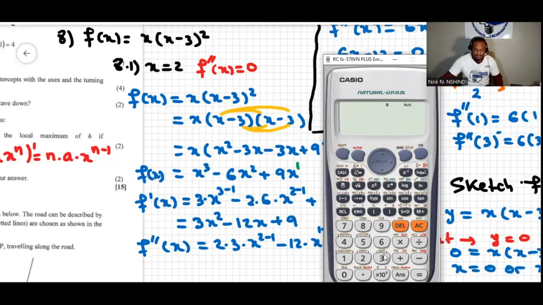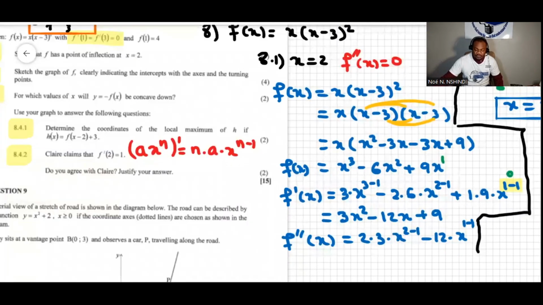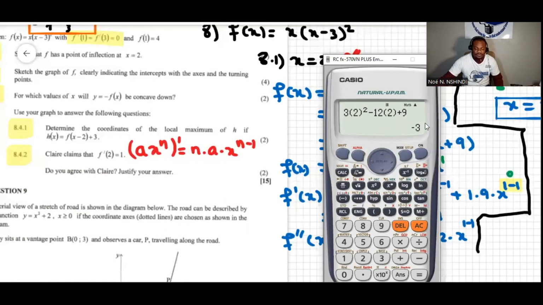So I write 3 times 2 squared, minus 12 times 2, and then plus 9. This is equal to negative 3. Therefore, Claire is not right, because she said f prime of 2 will be 1, but it is proven that f prime of 2 is negative 3.